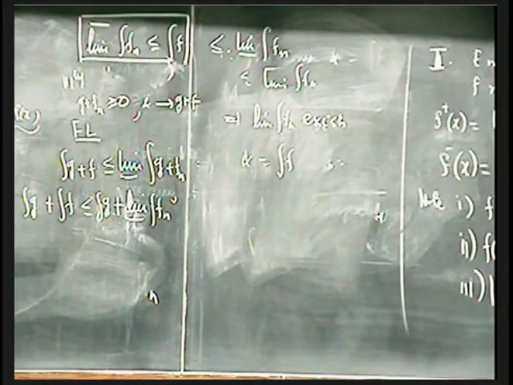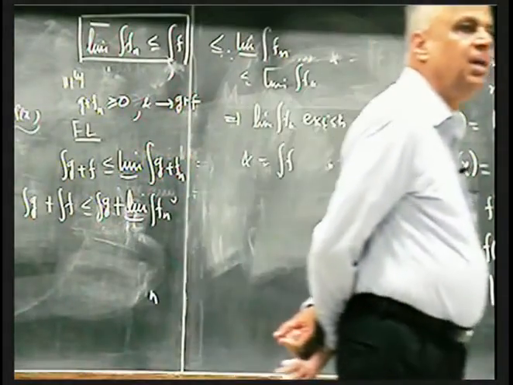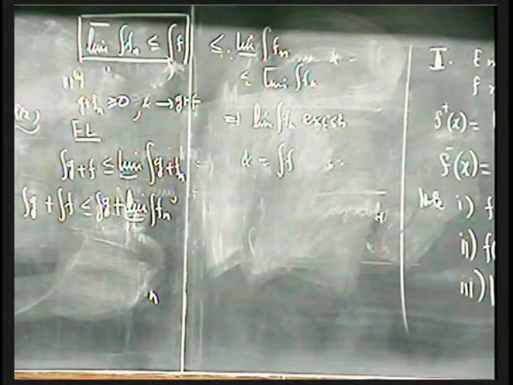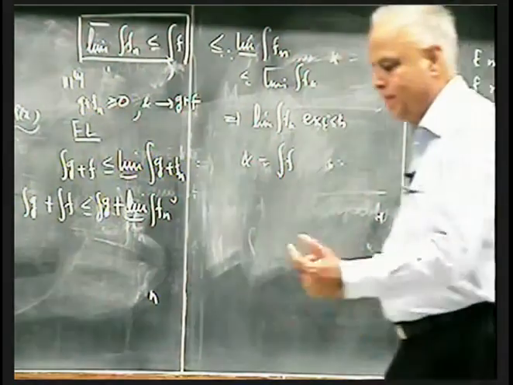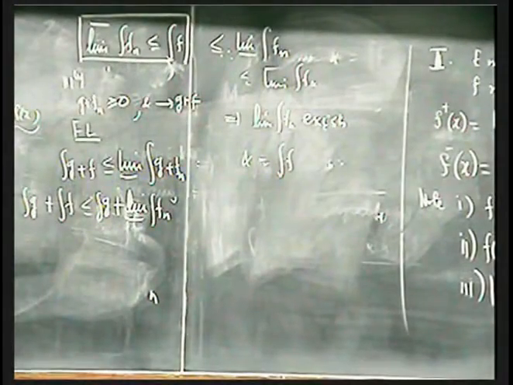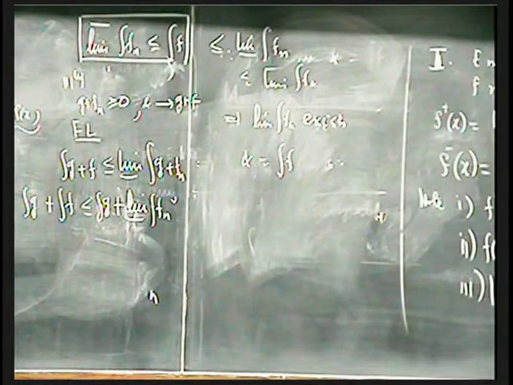So the Lebesgue integral is a far-reaching generalization of the Riemann integral. Everything Riemann integrable is Lebesgue integrable, but Lebesgue can integrate over arbitrary measurable sets and arbitrary functions. They may not be bounded also. Unbounded functions also he can integrate. He can interchange the limiting process and the integration under suitable conditions.